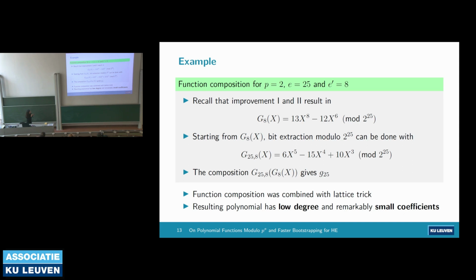And then their composition gives us the digit extraction function modulo 2 to the power of 25. Here we also combine these with the lattice trick we described before. Therefore, these coefficients are remarkably small, especially considering they are defined modulo 2 to the power of 25.